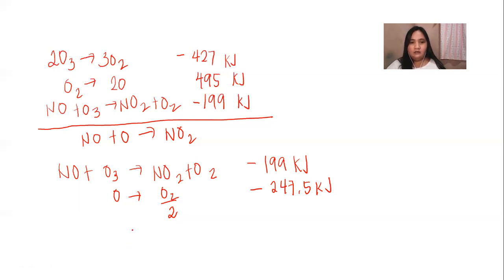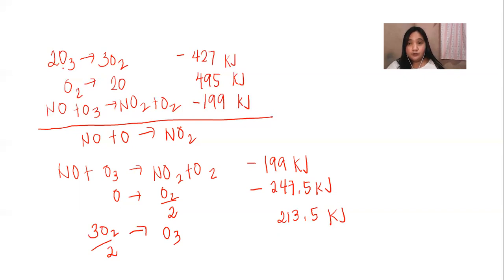That's O3, and then this becomes 3O2 divided by 2. And I'm also going to switch this and divide it by 2. So that's 427 divided by 2, that's 213.5 kJ. And it's positive because I switched the positions of O3 and 3O2 and then divided the whole thing by 2.